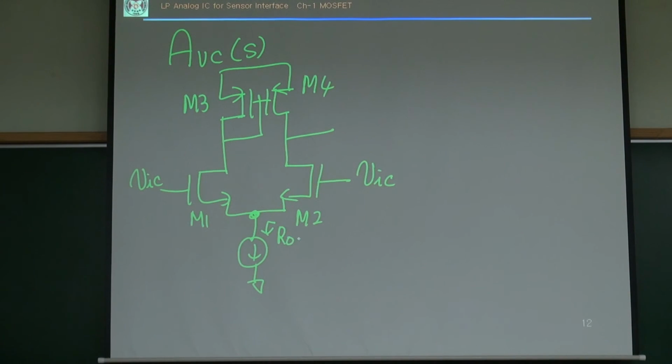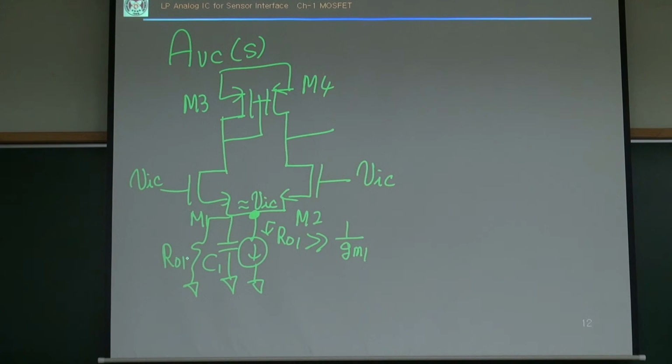This RO, RO1 or RO2, is pretty large, and this voltage is around the VIC because RO1 is much larger than 1 over GM. Then, in a differential mode case, this is a 0. However, this can be replaced by the parallel connection of C1 and RO1, right?